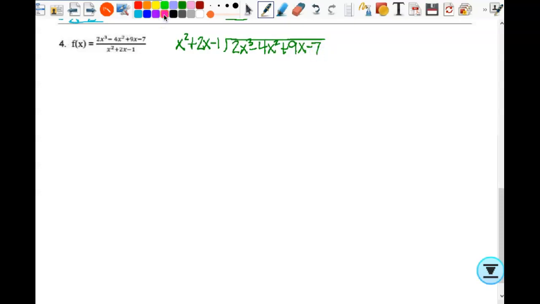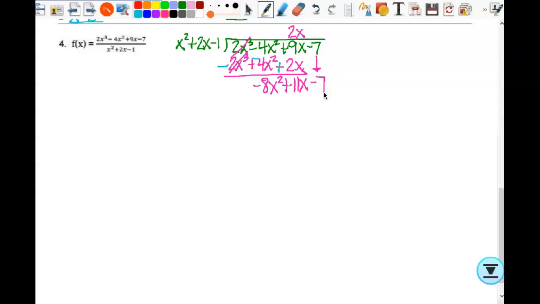All right, so 2x cubed divided by x squared is 2x, right? So then this gives me 2x cubed plus 4x squared minus 2x. And then I'm going to change the signs. Those zero out. Do these zero out? Nope. Negative 8x squared plus 11x, and then minus 7.